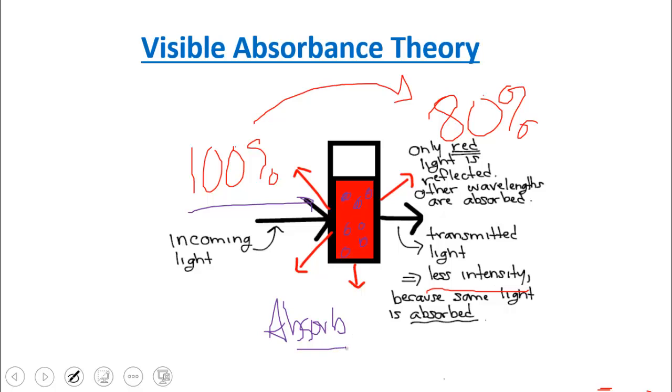And so our absorbance is a measure of how much is being absorbed. We can relate that to concentration, because the more molecules of salicylic acid present in the sample, the more energy will be absorbed.